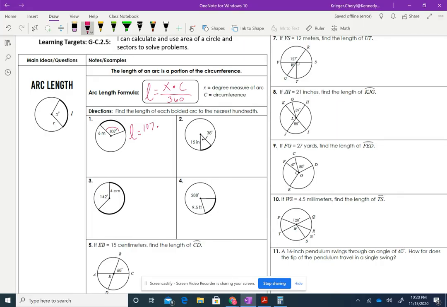Okay, and we know that the circumference is pi times diameter, so I'll just write that on the side here. Pi times diameter, right? So I'm going to put pi times, and my diameter is twice the radius. So if my radius is 6, the diameter is 12.